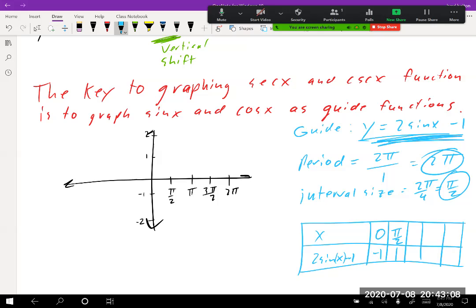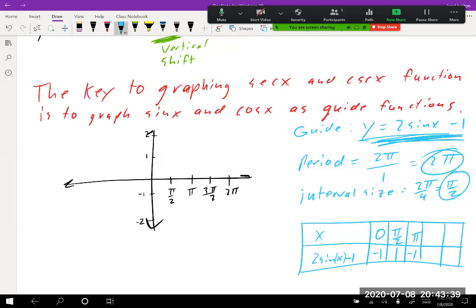Did I mess that up? When I plug 0 in here, that's 0, minus 1 is negative 1. Then when I plug pi halves in there, sine of pi halves is 1, times 2 is 2. Okay, I trust that. Now let's plug in pi. Sine of pi is 0, minus 1 is negative 1. Now let's plug in 3 pi halves. Sine of 3 pi halves is negative 1. Negative 1 times 2 is negative 2.